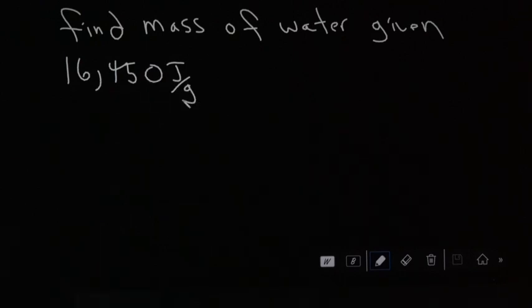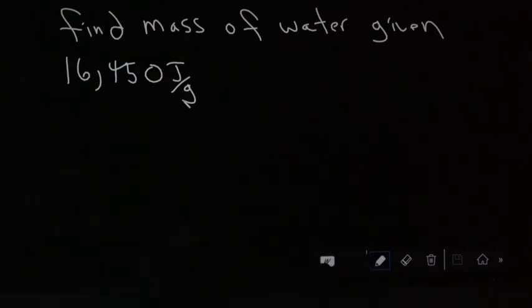So it says find the mass of water given 16,450 joules per gram. Now, we're finding the mass of water, but this is for the heat of vaporization. So you may want to pause your video and then bring it back.